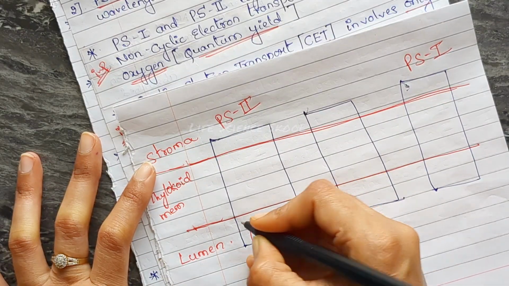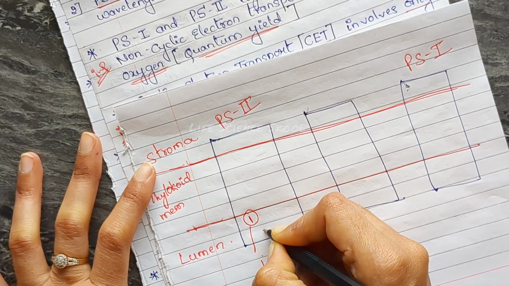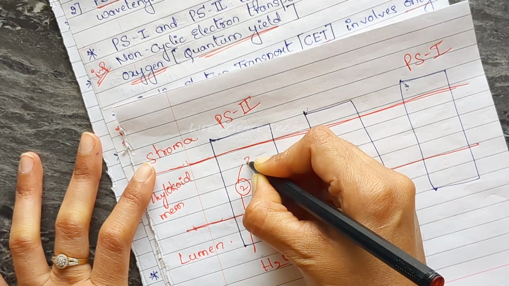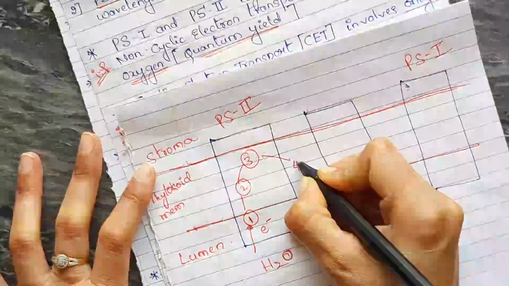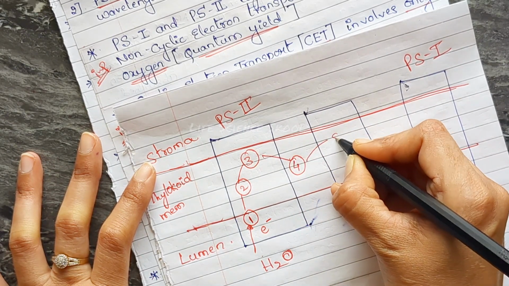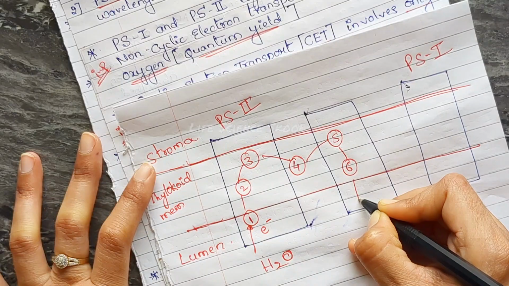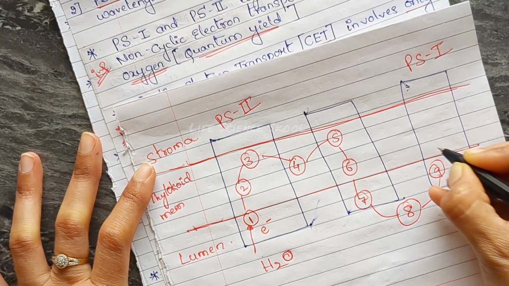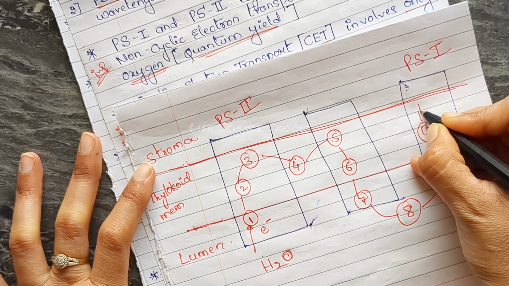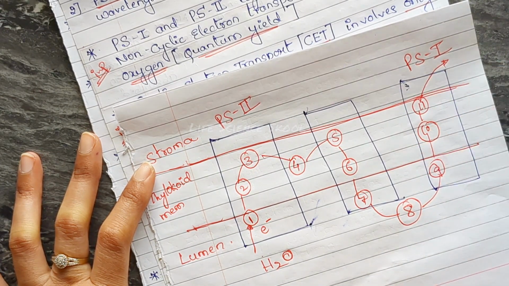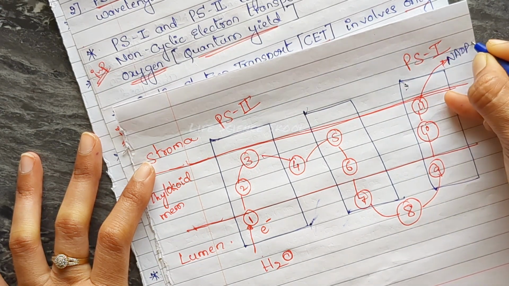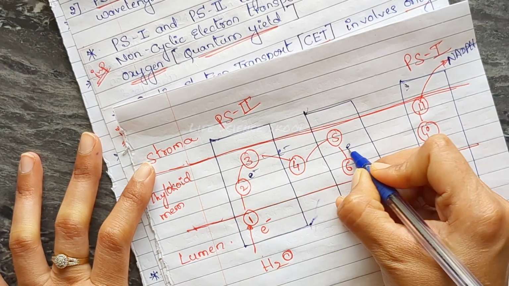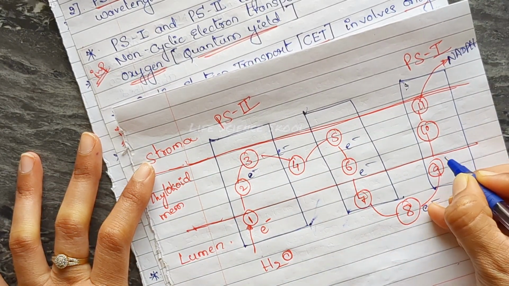So step by step, electron carrier 1 transfers the electron to 2, then to 3, then to the 4th, 5th, 6th, 7th, 8th, 9th, 10th, and 11th one, and it is then reaching and giving it to the NADPH. So these electrons are carried by these electron carriers.